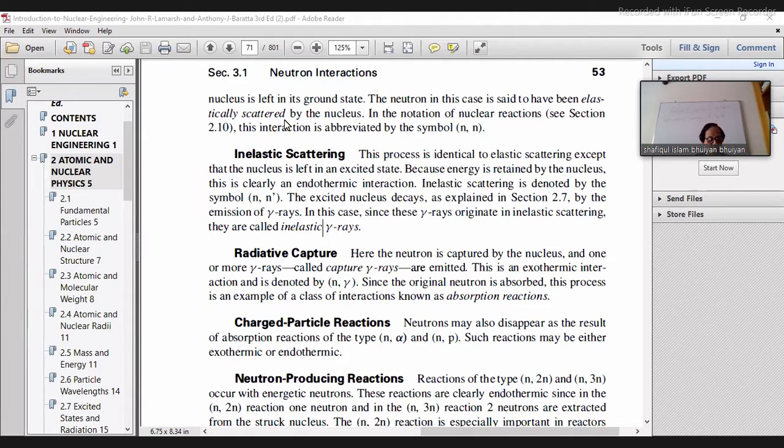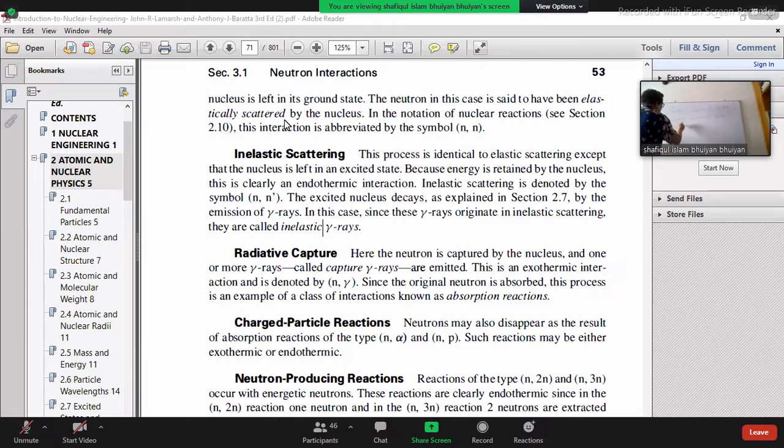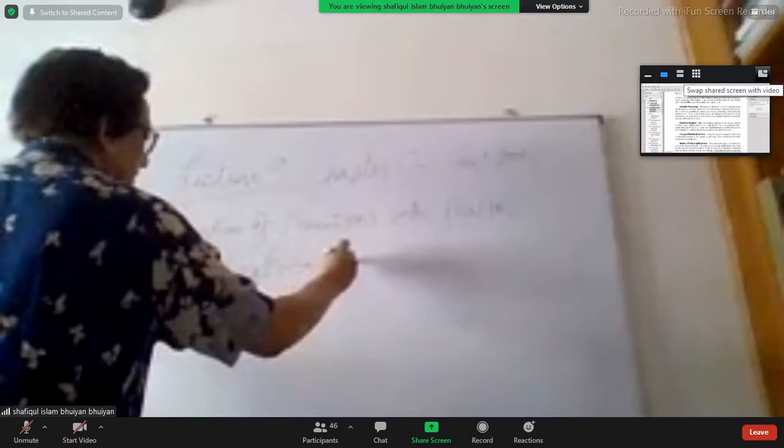So what we say there, and this is extremely important, I should write this sentence: this elastic scattering is extremely important. First we get elastic scattering.